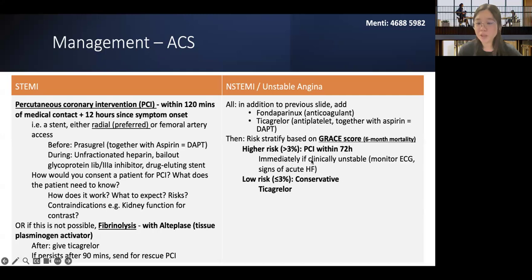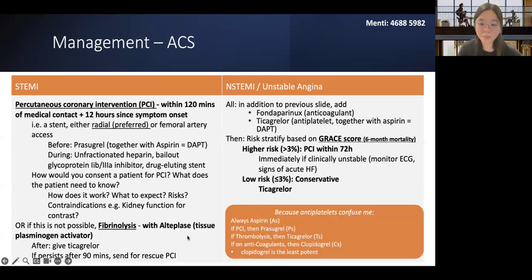But if it's worsening and they're hemodynamically unstable or have acute heart failure, you want to speed it up a bit. But if they're low risk, you can just manage it conservatively with ticagrelor, as well as these other things, and fondaparinux. So this is what I found for remembering antiplatelets.